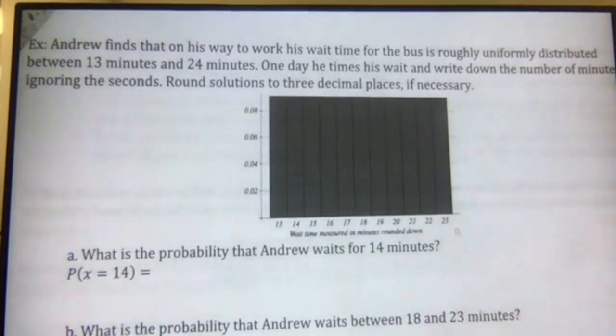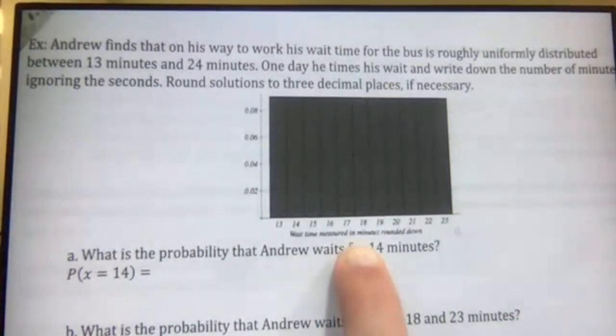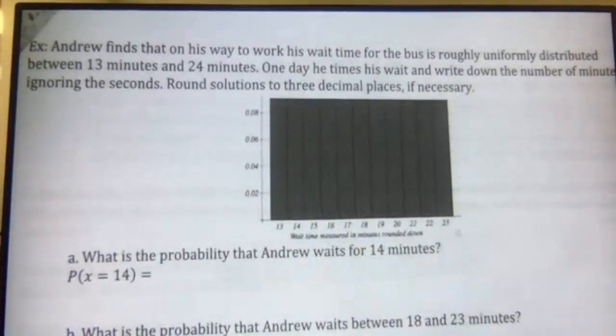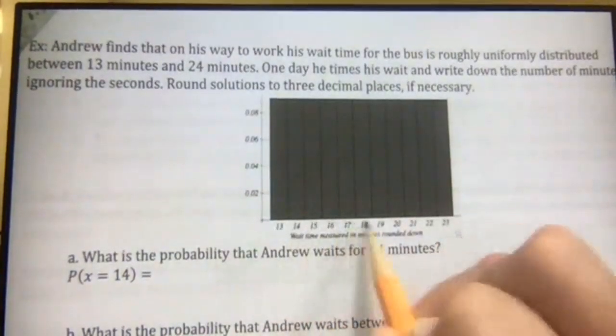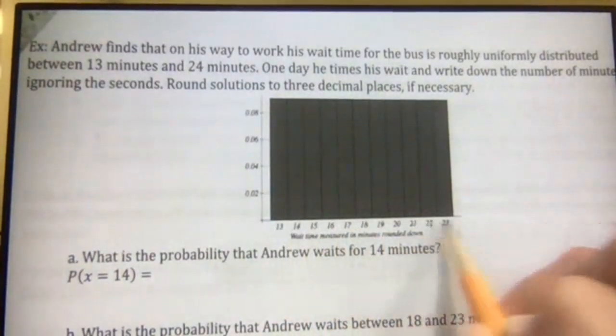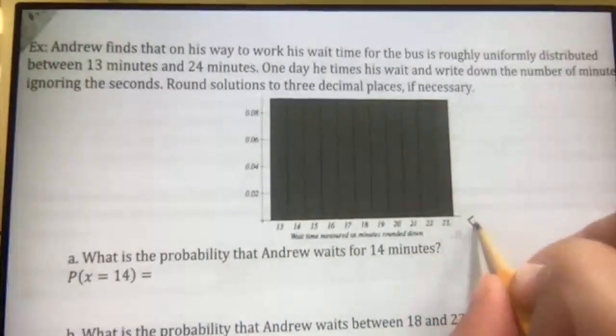So here's our little chart. This is the wait time measured in units rounded, and then there's the probability. What is the probability that Andrew waits for 14 minutes? Because they are all about the same, notice we have 1, 2, 3, 4, 5, 6, 7, 8, 9, 10, 11 options.